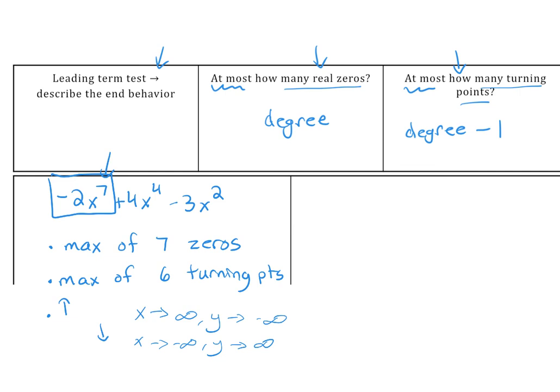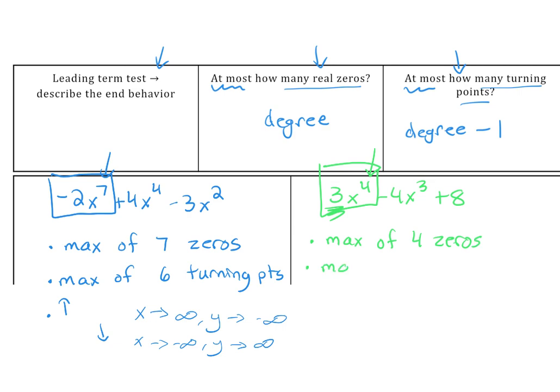All right, last example without looking at a graph. 3x to the 4th minus 4x to the 3rd plus 8. Look here, even exponent, positive. And degree 4, so degree 4 means there's a maximum of 4 zeros.